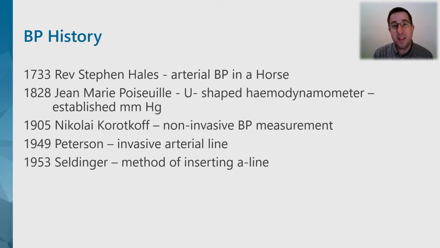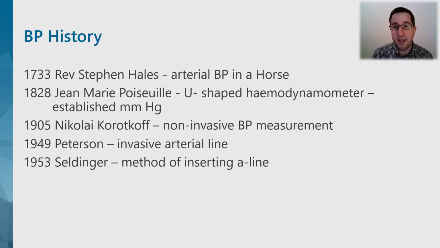Then in the 1800s, Poiseuille, a French physicist, developed the U-shaped manometer and established the use of millimeters of mercury to measure pressure. In the early 1900s, Nikolai Korotkov, a Russian physician, developed the method that we still use today for non-invasively assessing blood pressure using a cuff on the arm.